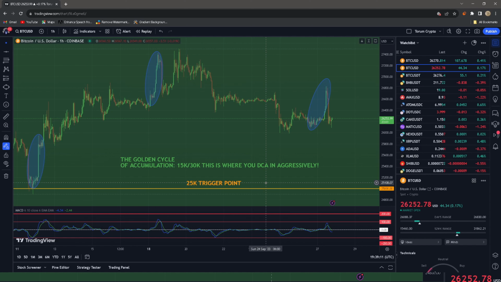But for right now, you're seeing that I track consolidations. You're seeing that I track patterns. The reason that I track consolidations is because consolidations can only be formed by one thing and one thing only.